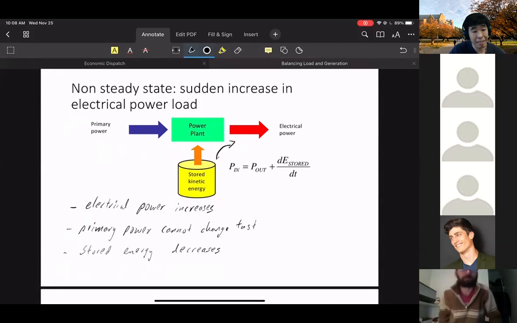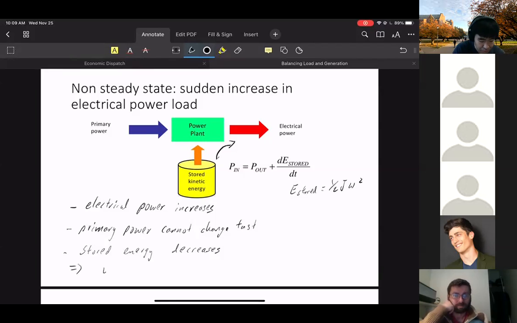If this decreases, what happens to the frequency? What happens to the rotation speed in the system? If E stored goes down because we're pumping out energy, the frequency has to go down, which implies that omega decreases. So it's spinning a little bit slower because the energy is being pumped out to the system.